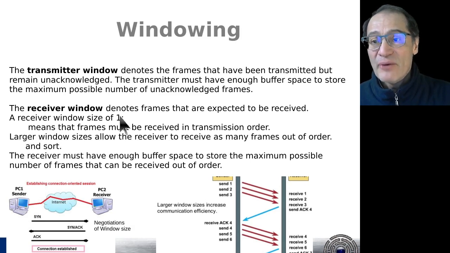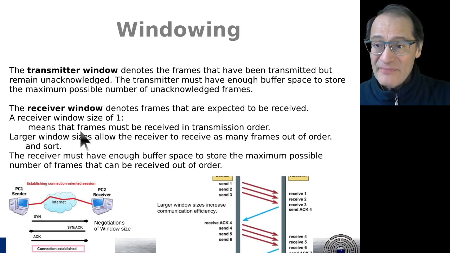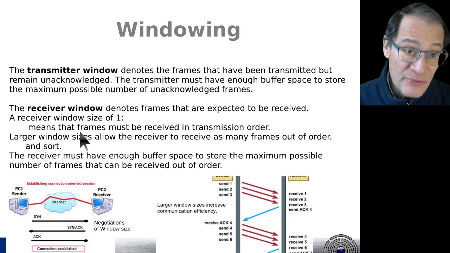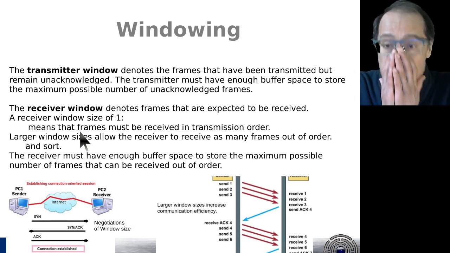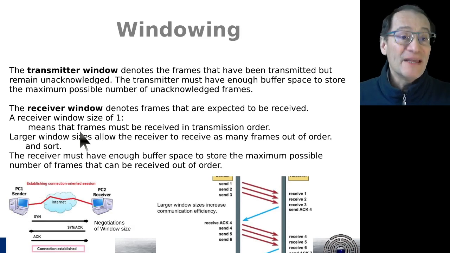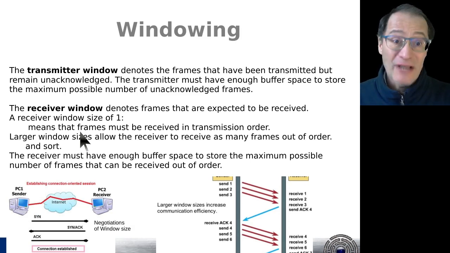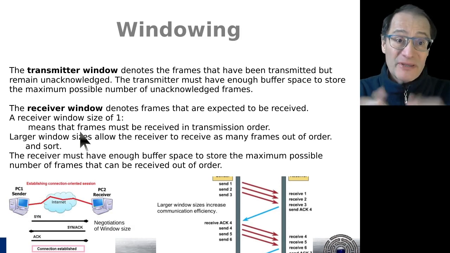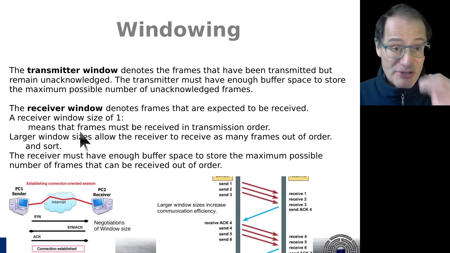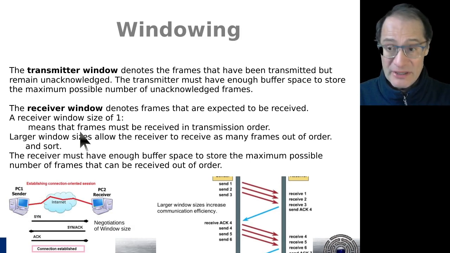If we have a window of size 1, this means all frames which we get have to be in the correct sequence. We don't have any buffer to store messages from the future and then sort and forward. So all messages which we get have to be ordered.